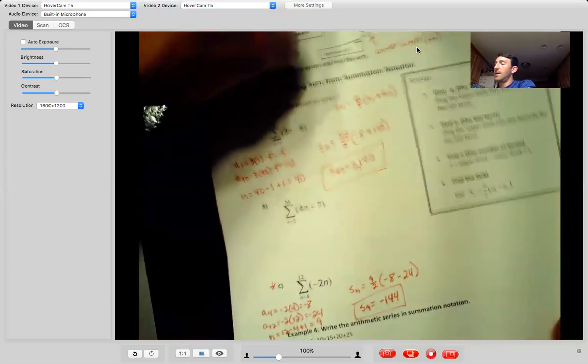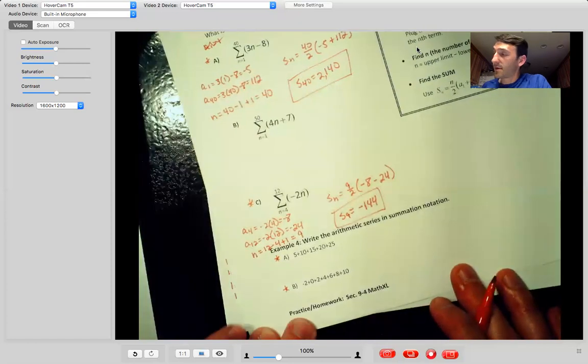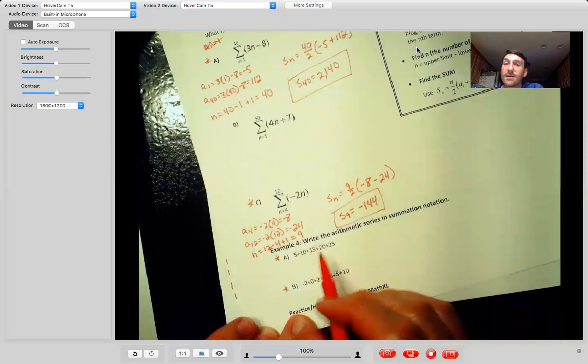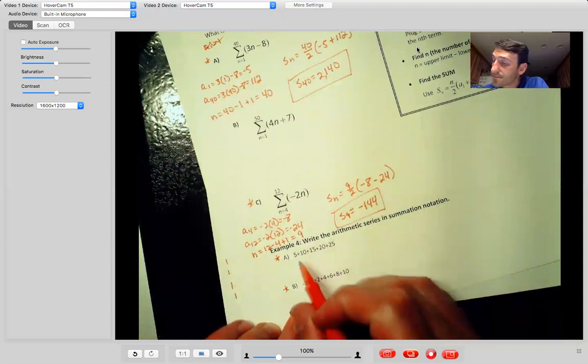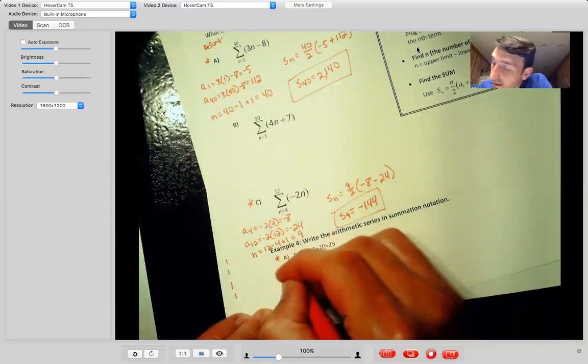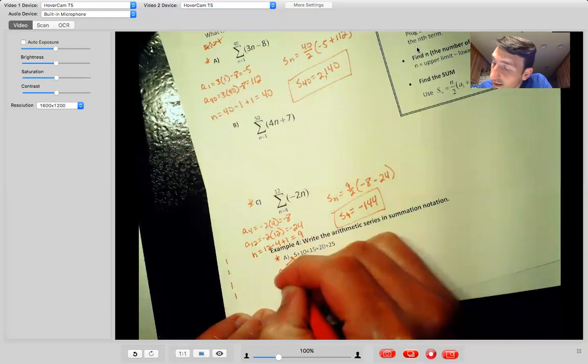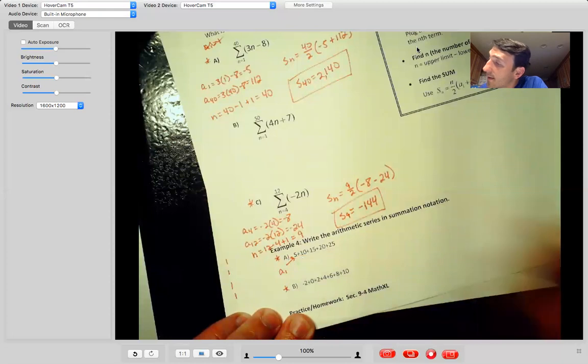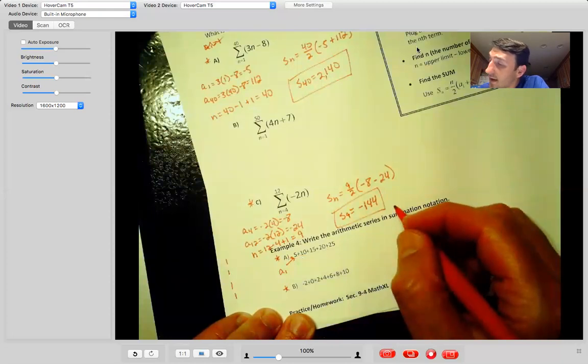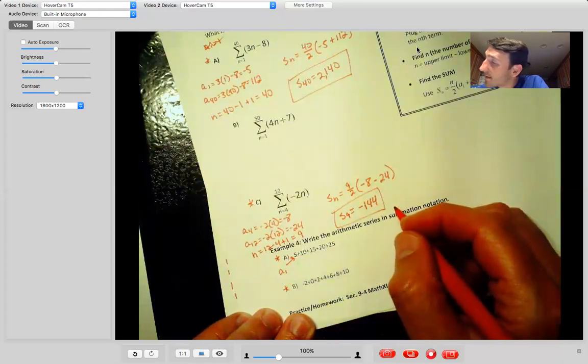Okay, and then this last example just wants us to basically write this arithmetic series in summation notation. All right, so that is a sub 1, 5 is, and 25 is a sub n.